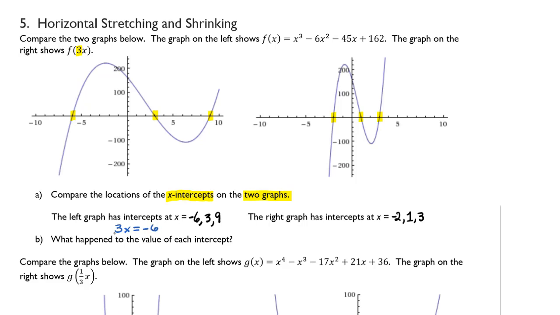We can take the 3 away from the x by dividing both sides by 3, and we will get -2. So in effect, we have 3x equals -6, 3x equals 3, and 3x equals 9. If we solve each one of these for x, we get x equals -2, x equals 1, and x equals 3. Now that's an interesting relationship.